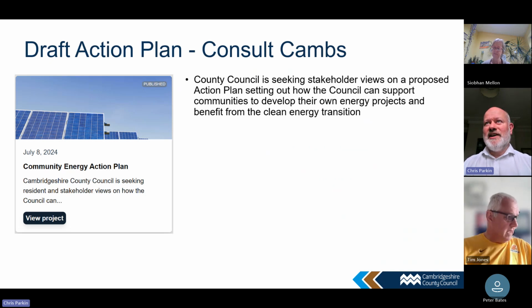That's very much with the aim of enabling communities to have more control over energy supply and benefit from the move to a clean energy transition. We'll talk a bit more later about how they can benefit. We've talked a little bit already about surplus income being used for local grants, but there's also a mechanism by which residents can benefit from reduced energy prices.